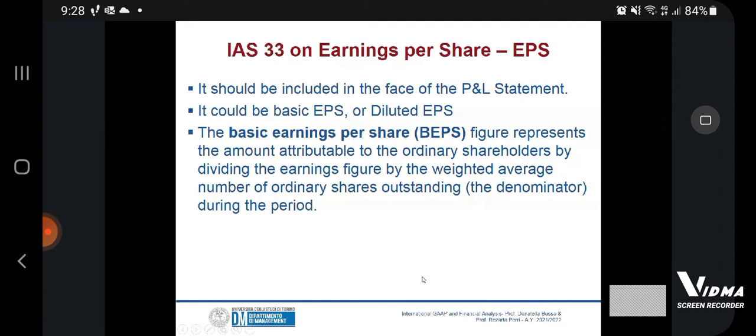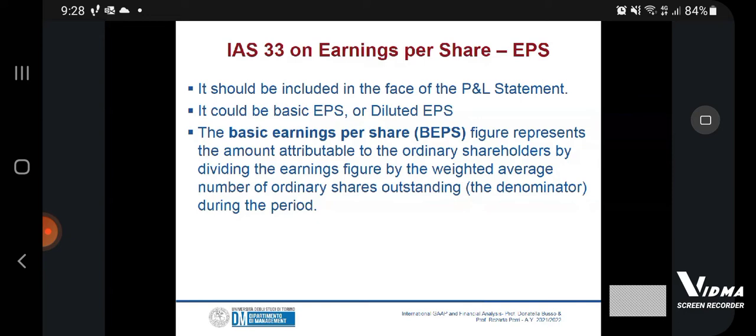By definition, and this is such a long sentence actually, the basic earnings per share represents the amount that is attributable or available to the ordinary shareholders by dividing the earnings figure, and we will later mention specifically what the earnings figure is, by the weighted average number of ordinary shares outstanding during the period.